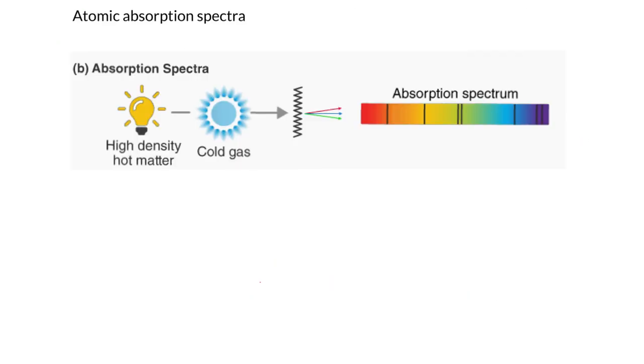Right, with the absorption spectrum, what we need to understand is that white light is passed through a cold gas. Cold gas.